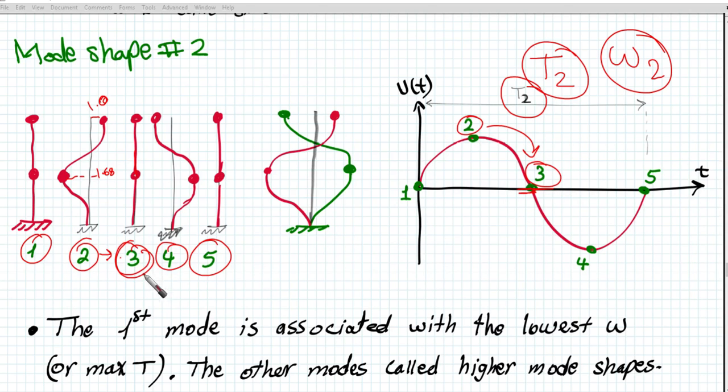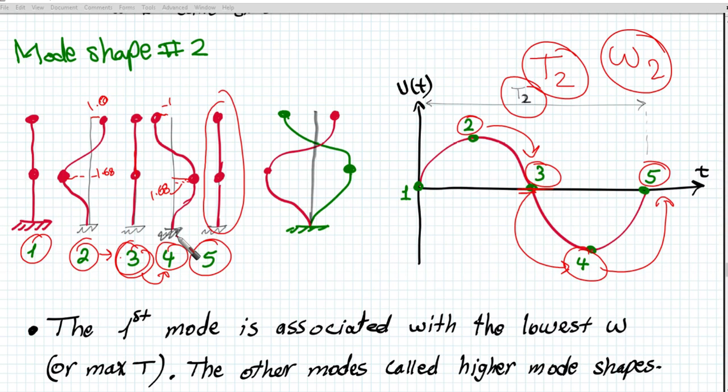And after that, from 3 to 4, we are going to have the maximum amplitude at the opposite side. Here it is going to be 1.68. Here it is going to be minus 1. I mean that the amplitude is the same maximum, but in different directions. And then from 4 it goes to 5 again, so we have the equilibrium position again.